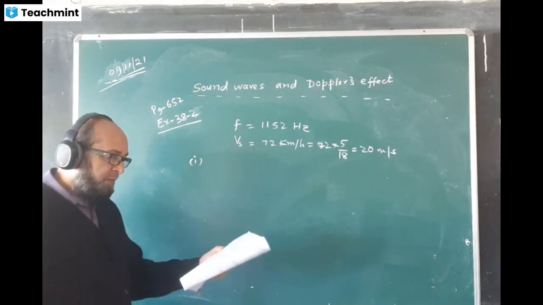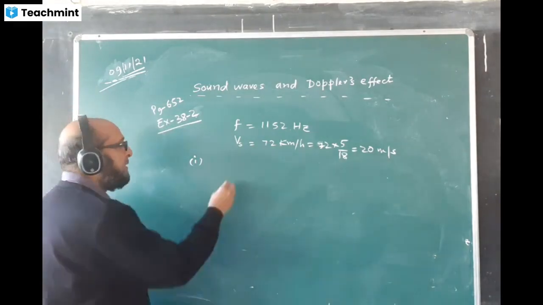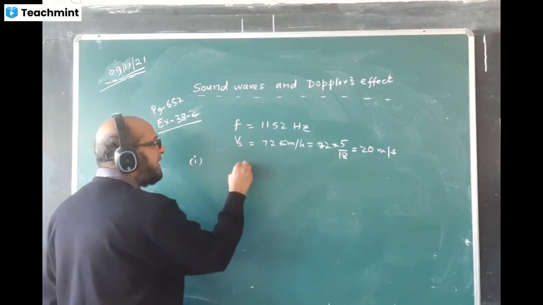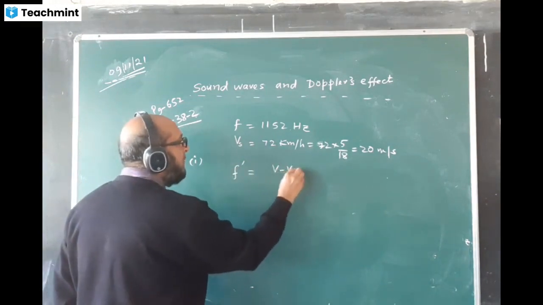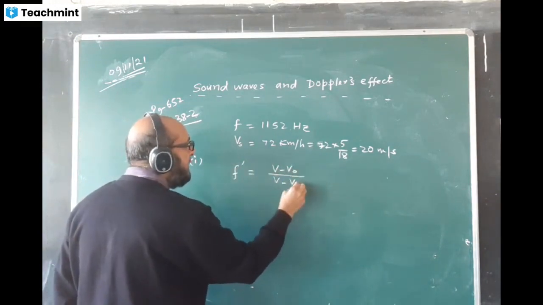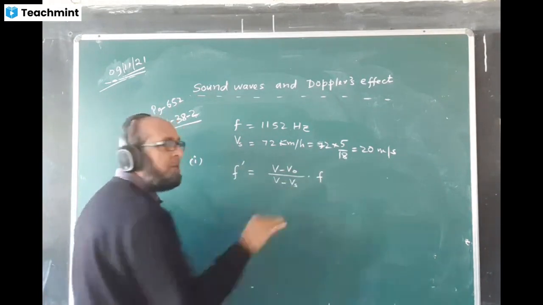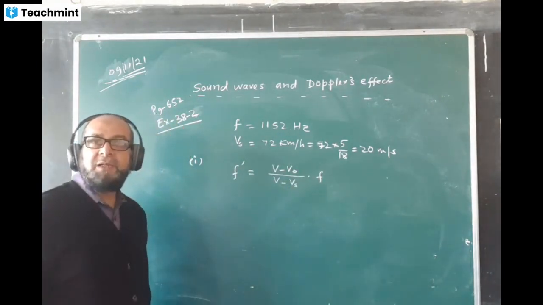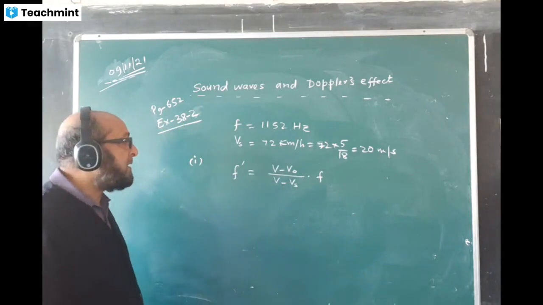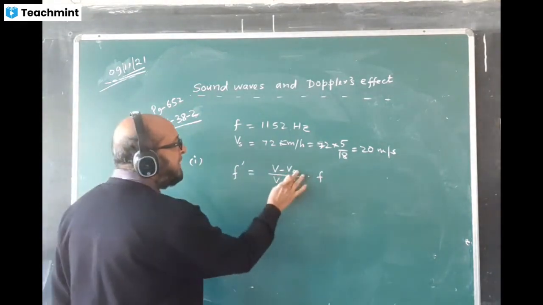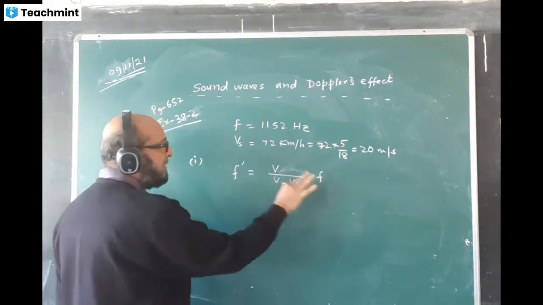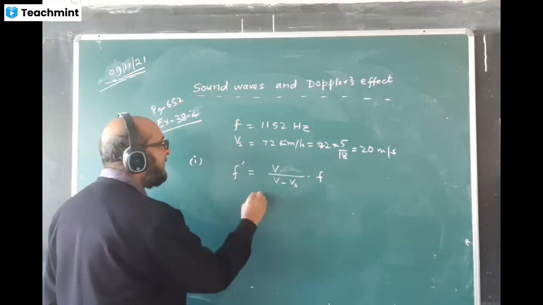What is the actual formula of frequency? We can take that formula, V minus V naught by V minus Vs into f. This formula will always apply, but in this case the observer is standing, at rest, so I will not write the V naught term. I will just write this and put in the values.